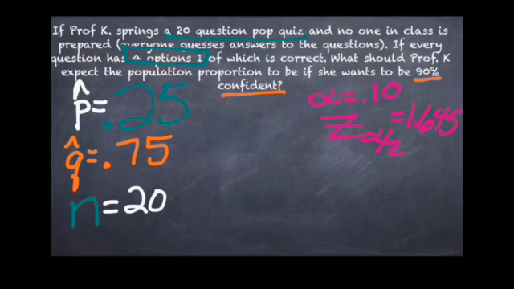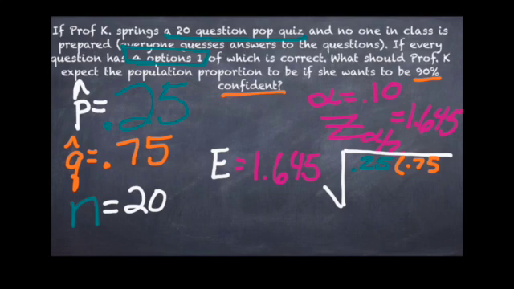So if we plug in our values to get our error, okay, our error is going to be our z, which is 1.645 times our square root of the p hat, which is 0.25, times our q hat, which is 0.75, and we divide that by our sample size of 20.